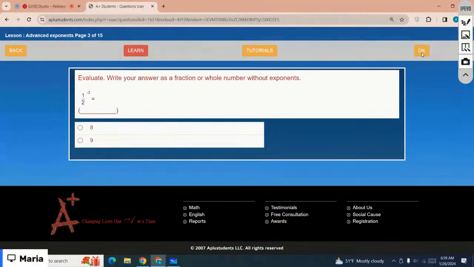Okay, evaluate. Write your answer as a fraction or whole number without exponents. So, which is the correct option?